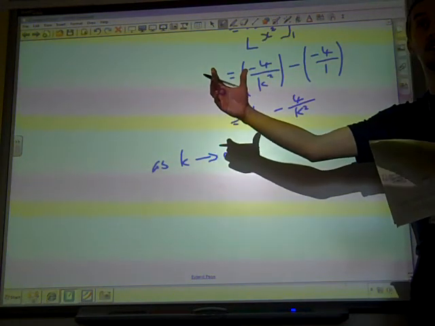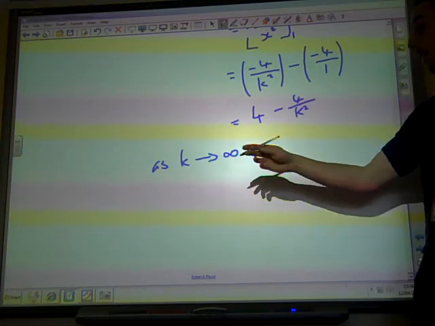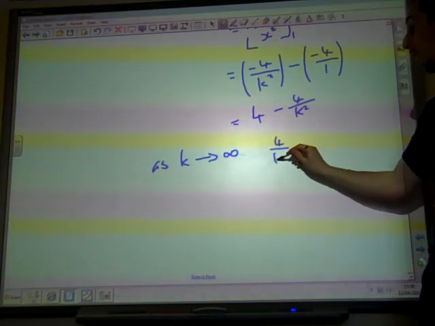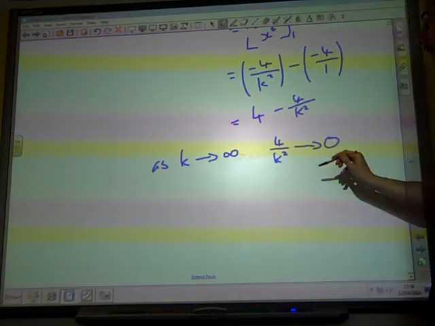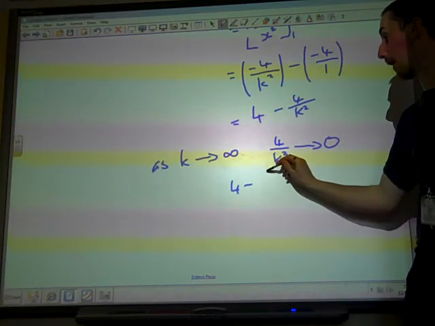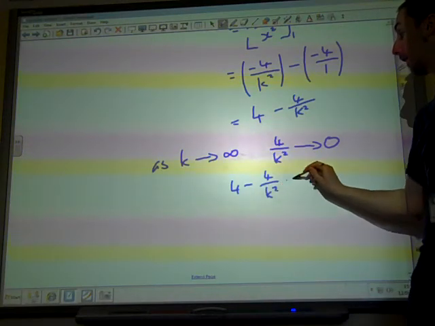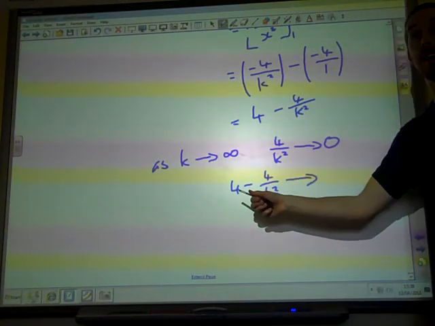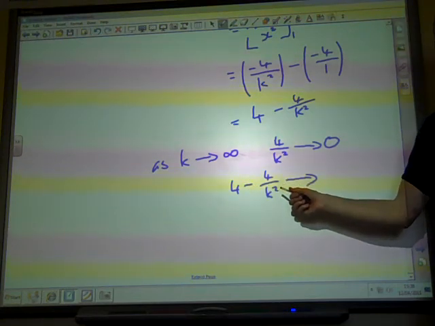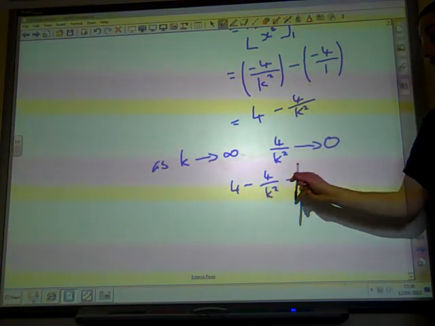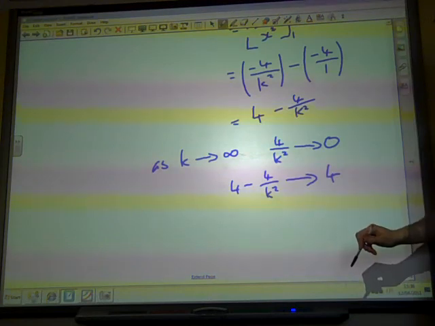And 4 divided by something enormous is practically 0. So 4 over k squared approaches 0. So 4 minus 4 over k squared: if you take away something that's very close to 0 from 4, you're left with 4.